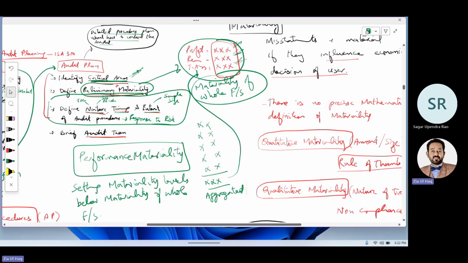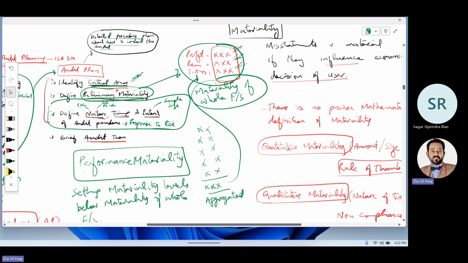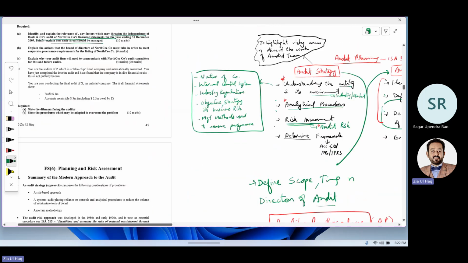What was the materiality of the whole financial statements? This preliminary materiality that was calculated on 10% of profit, 1% of revenue. Now we are reducing them to 5% of profit, 0.5% of revenue. So this is called performance materiality, meaning setting materiality levels below the materiality of the whole financial statements.